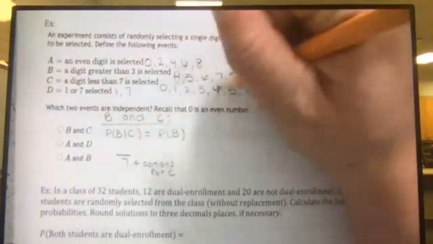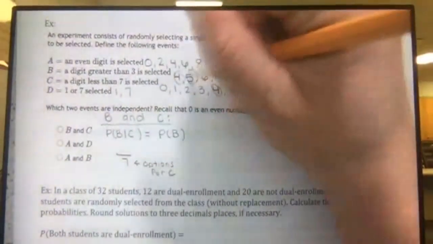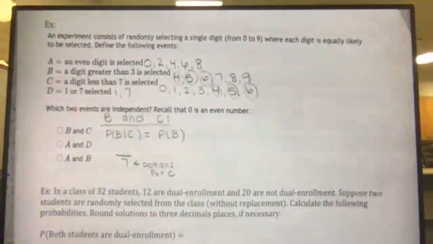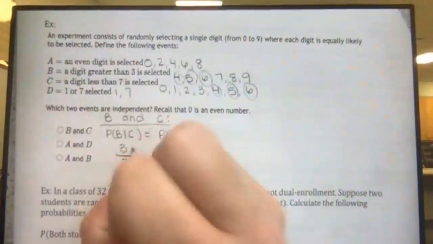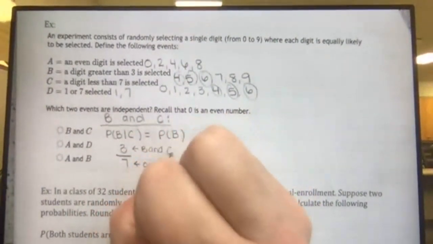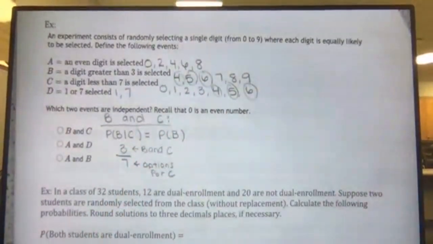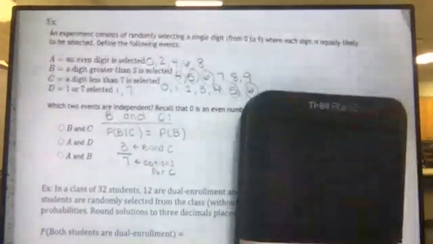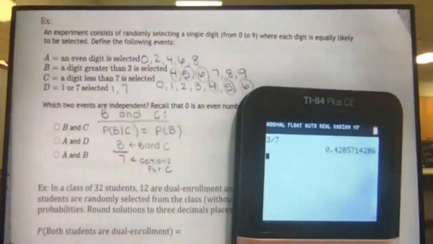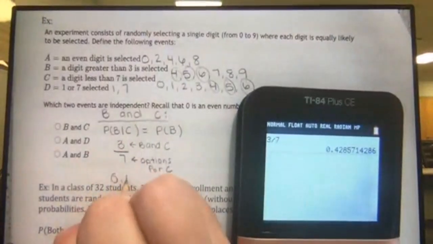They have 4 in common, 5 in common, and 6 in common. So they have 3 numbers in common, B and C, out of 7 options total. So 3 7ths. In my calculator, 3 divided by 7 will give me 0.429.